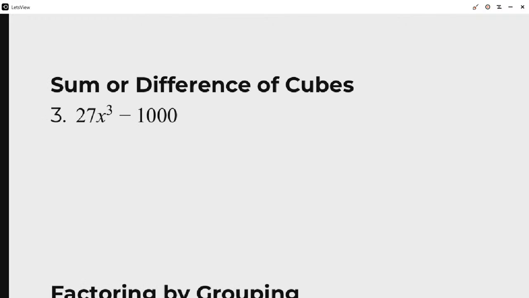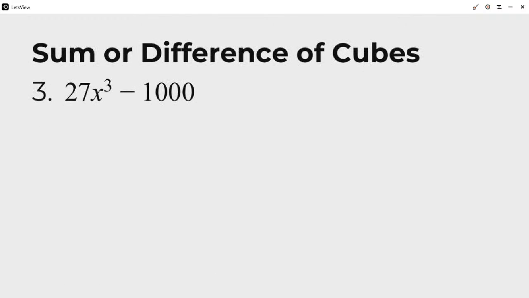Okay, next we have sum or difference of cubes. For this first one, we have 27x cubed minus 1000. That means a is 3x, because the cube root of 27 is 3 and the cube root of x cubed is x, and b is 10 because the cube root of 1000 is 10.